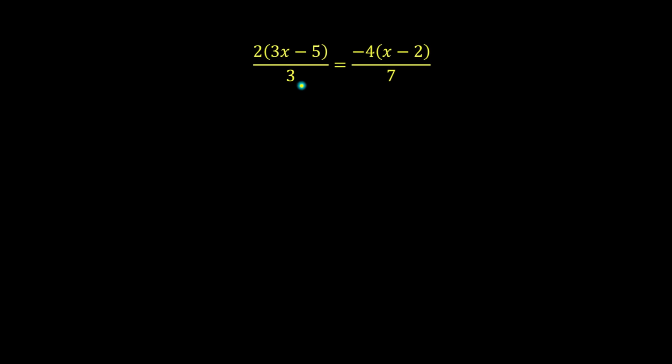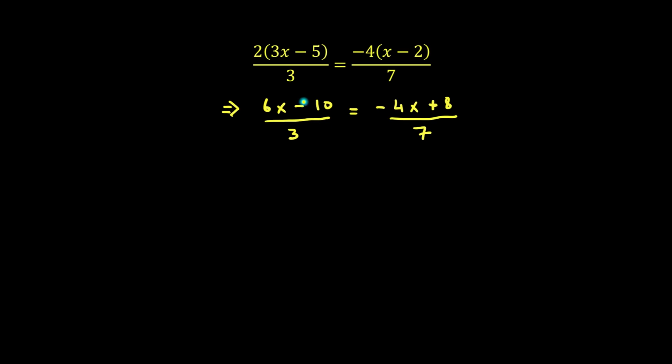Let's have a look at this one. Now in this example, what we need to do, we need to multiply out the brackets first before we do anything else. So let's go ahead and do that. So we'll get 6x multiplying this bracket out minus 10 over 3, which is equal to minus 4x plus 8, over 7.